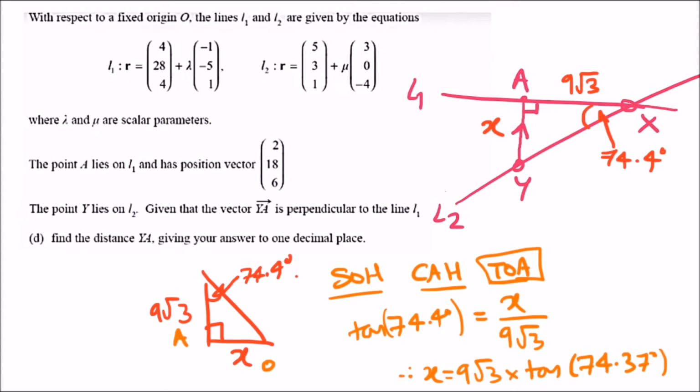So 9 root 3 times tan 74.37, and I got 55.7. Meters? Kilometers? I don't know. So right here, x equals 55.7. Let's say meters, I'm not sure, or units.